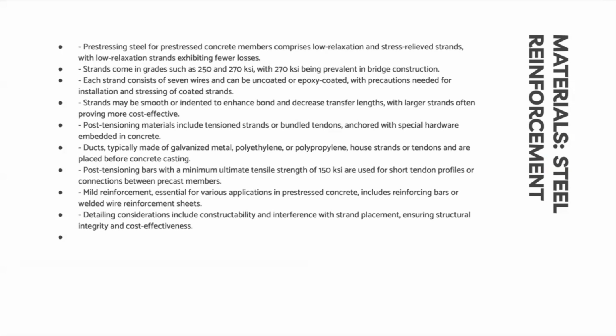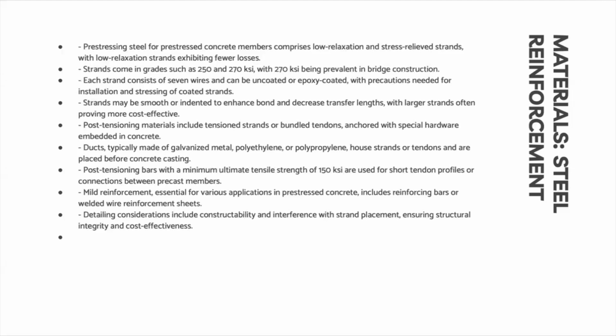These strands come in various grades, with 270 ksi being the prevalent choice for bridge members, though 300 ksi grade is also available. Each strand comprises 7 wires, typically uncoated but can be epoxy coated, with precautions needed during installation and stressing to prevent damage to the epoxy coating.